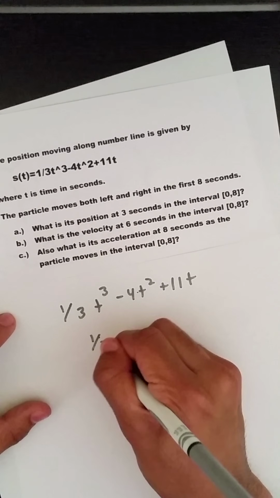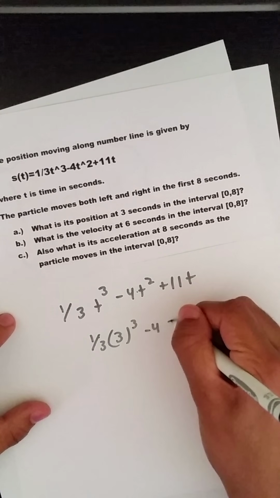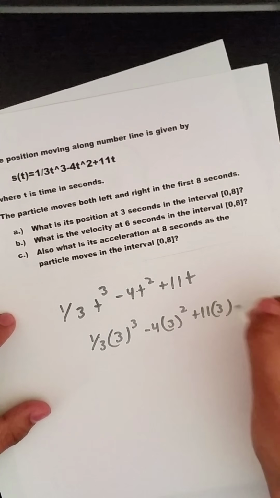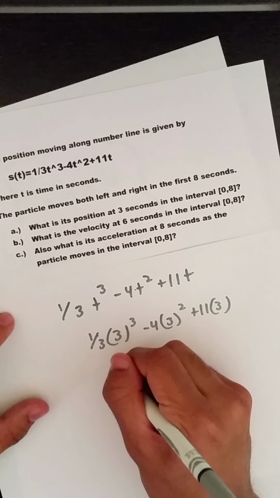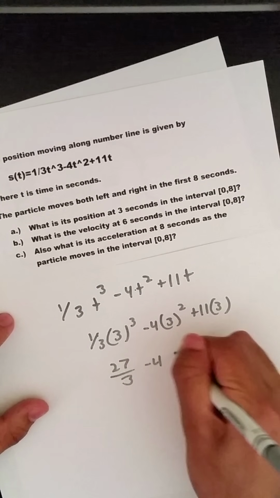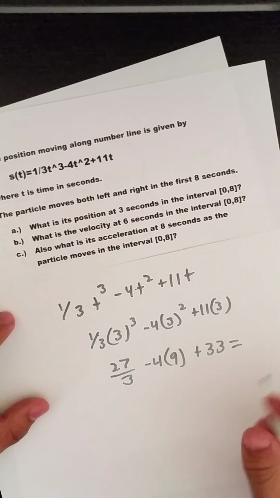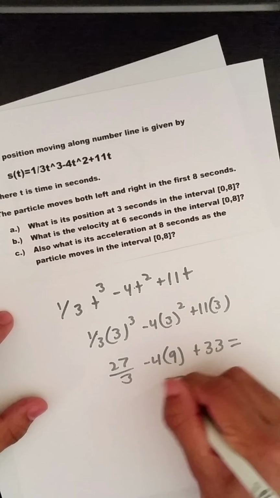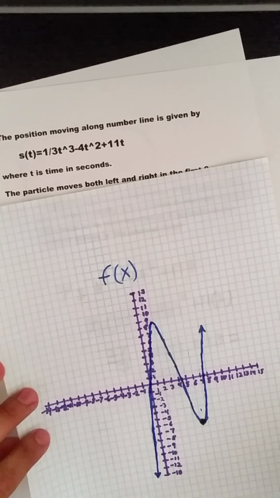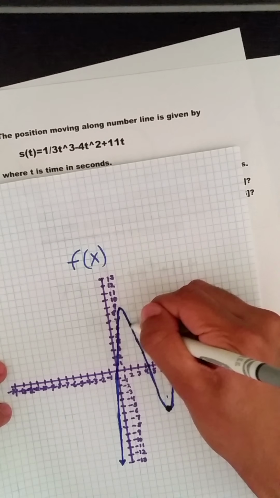So 1/3 times 27, which will give us 27/3 minus 4 times 9/3, which will equal 6. So if you look at the graph, it'll tell us that at 3 seconds, the position of the particle will be at 6. So it'll be right here.